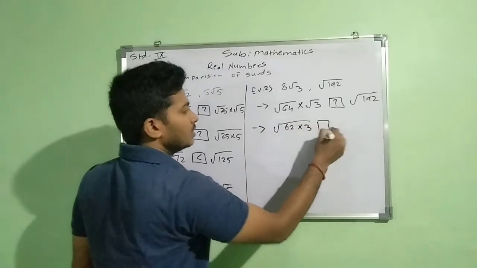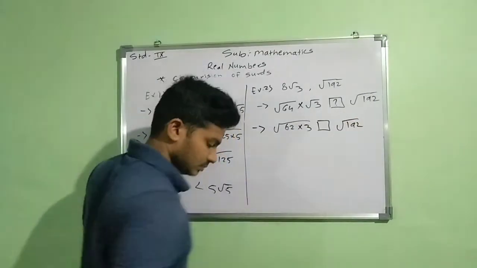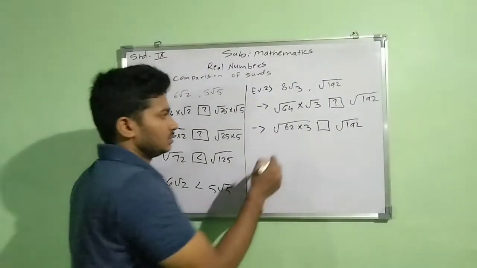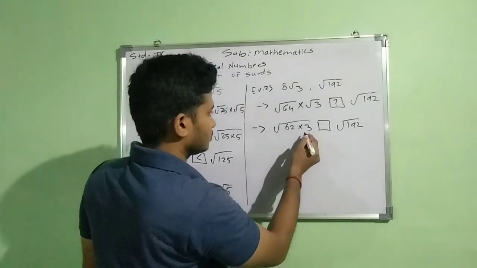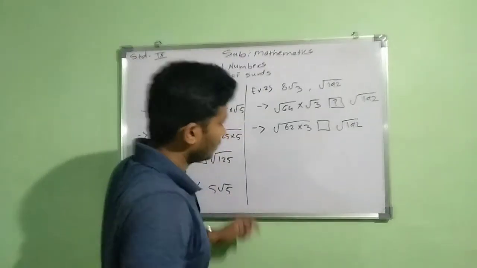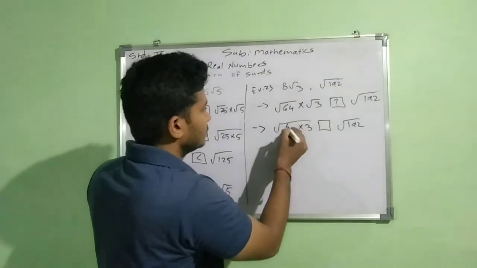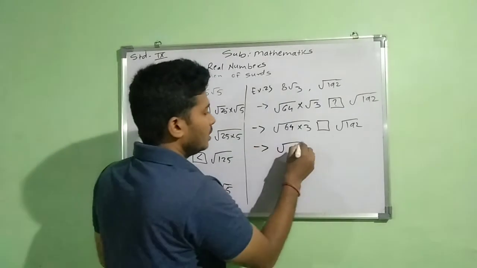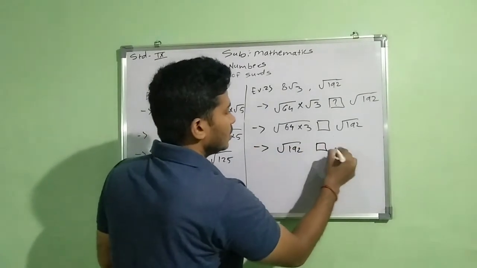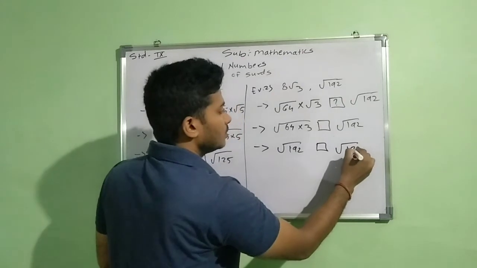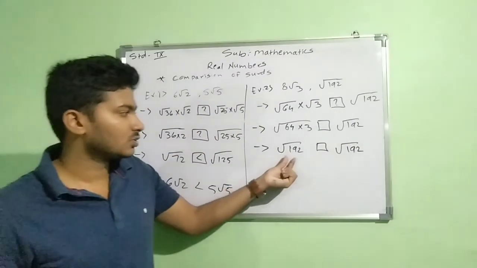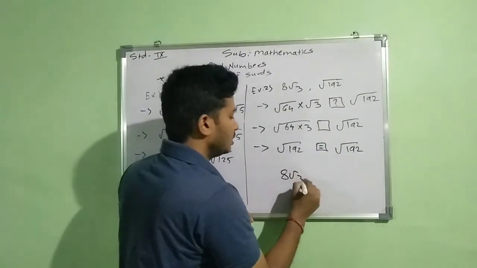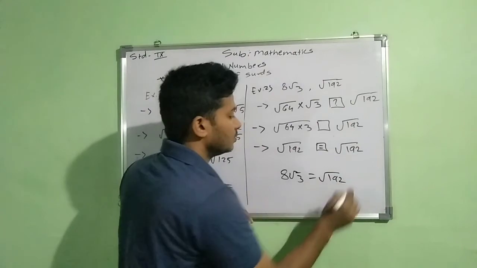Now we multiply that 64 with 3, and we will get square root of 192. And here also we have square root of 192. Therefore, 8 root 3 is equal to square root of 192.